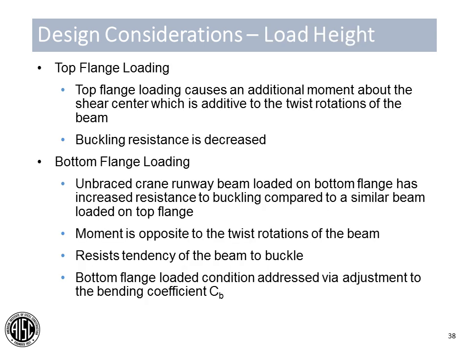Also, load height. General design loading criteria assumes a load application at the neutral axis of a structural member. We all know this is pretty rare. And when you have a top flange loaded crane runway member or a top running bridge girder, this actually will decrease your lateral torsional buckling strength.